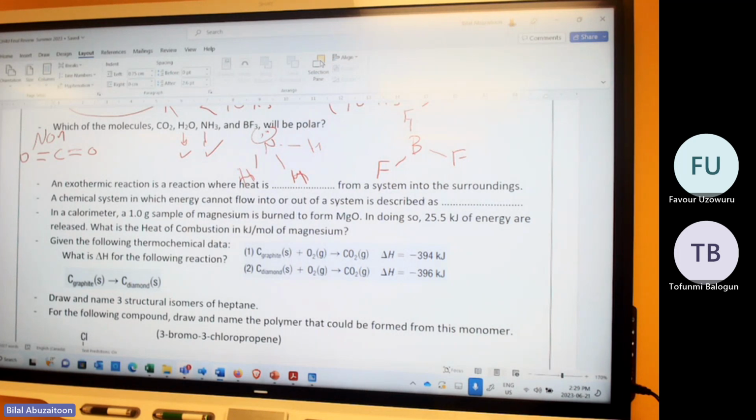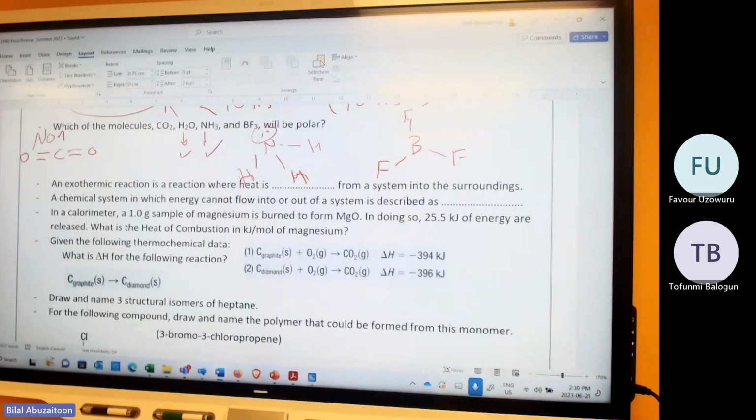A chemical system in which energy cannot flow into or out of a system is described as what? Closed system? Isolated. Isolated is the highest kind of system, which means it cannot let neither energy nor matter leave or be absorbed. Closed can let energy be lost or gained.